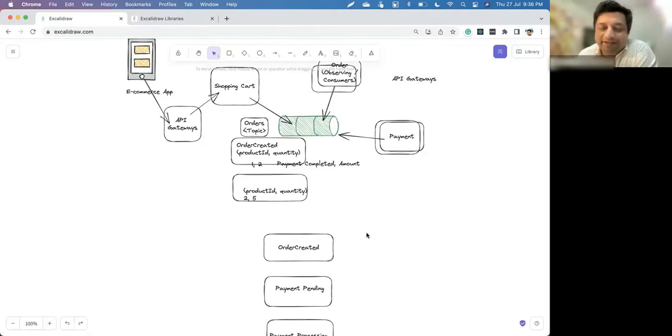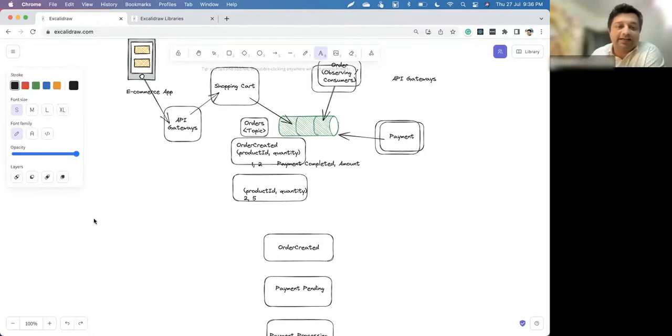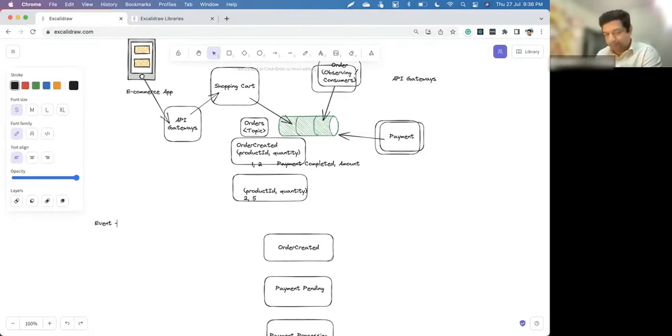But yes, here in the message queue, you are just updating the events, and based on the events, different microservices are taking different actions. This is called event-driven architecture. It is definitely a different approach to design your application.